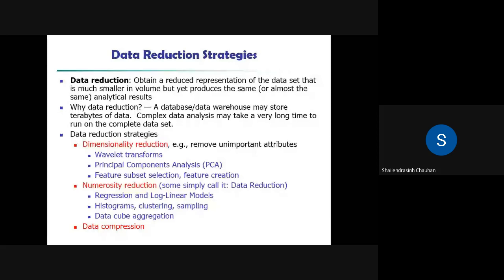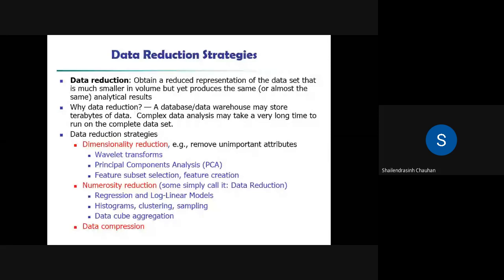What it is doing, it is compressing the data. So you have a compressed file format, and you can also decompress it whenever required. So that is a kind of compression method. Fine. So all these are the data reduction methods.